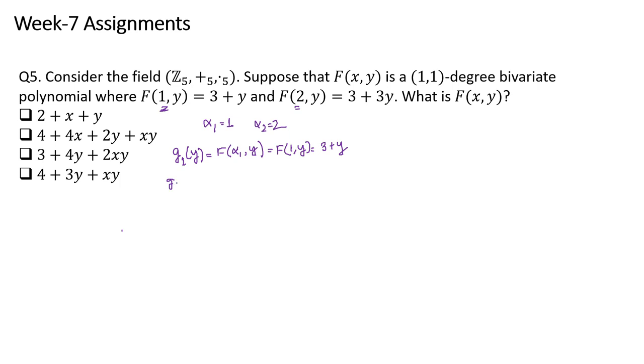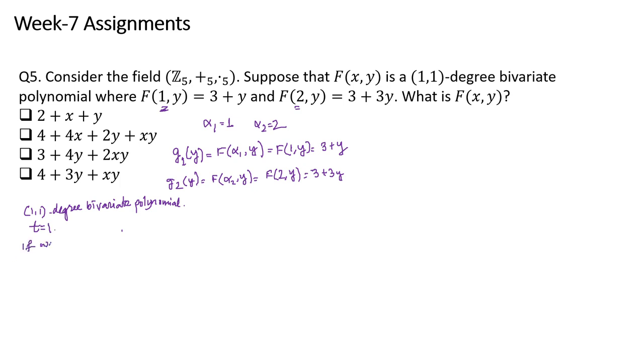You are also provided with another column polynomial g2(y), which is f of alpha 2 comma y, alpha 2 is 2, which is 3 plus 3y. These are the given information, and you know that this is a (1,1) degree bivariate polynomial, right? So t equal to 1.